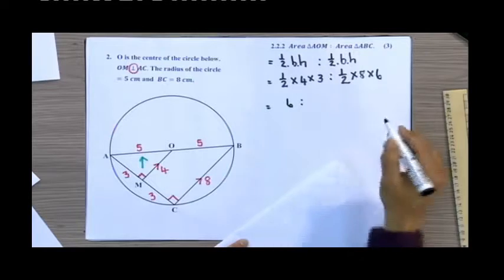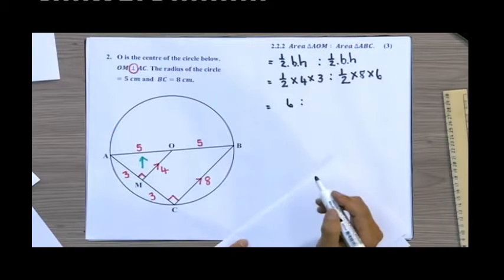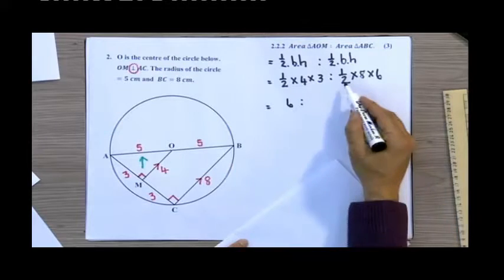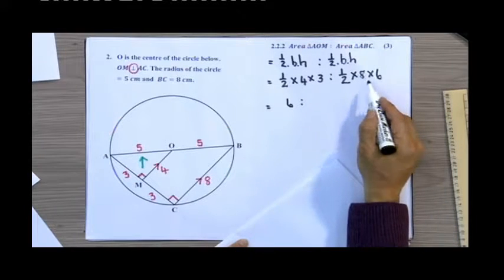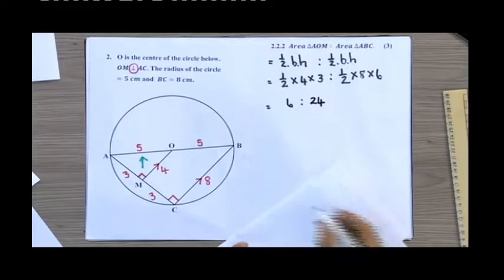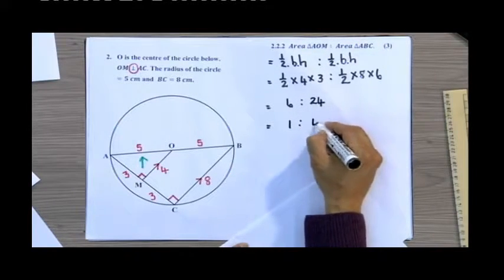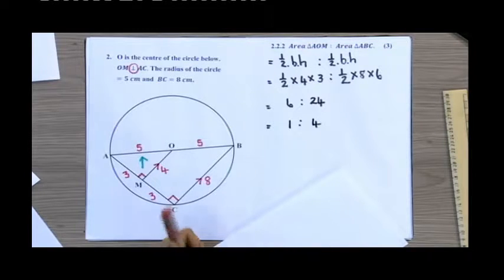And there we can say 8 times 6 is 48, and half of that is 24. Or we can say half of 8 is 4, and 4 times 6 is equal to 24. And then we can just write that in a simpler form, that 6 is to 24 is the same as 1 is to 4. And remember, how do we do that? We divide both sides by 6.